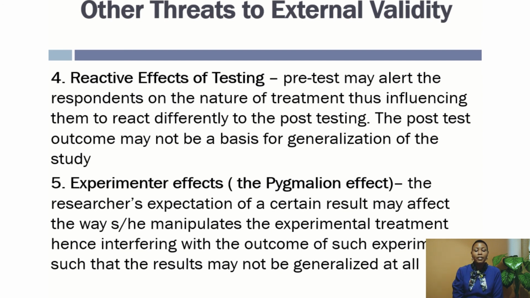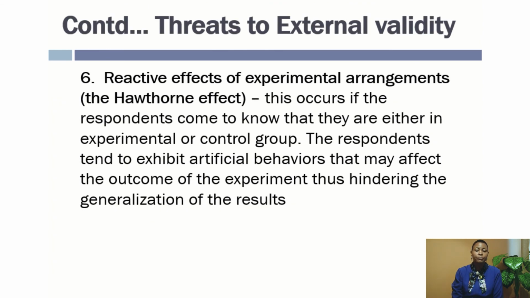The other one is experimental effects or the Pythagorean effect. This means the researcher's expectation of a certain result may affect the way he or she manipulates treatment. You see, the researcher really wants to see the change. Hence, they interfere with the outcome of such an experiment, and in that case, such results may not be generalizable at all.